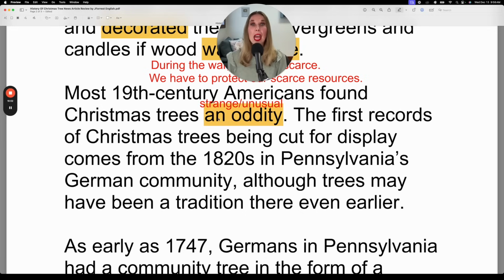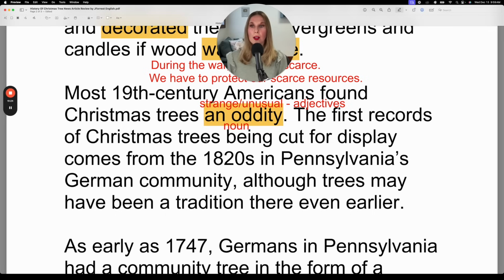All right, but notice here, an oddity, because this is a noun. So if you use oddity, it has the same meaning as strange, but grammatically it's different because strange, unusual, these are adjectives. And because of that, they don't take articles, but oddity is a noun. So you need an article, an oddity. And you need an because the pronunciation is with a vowel, an oddity.